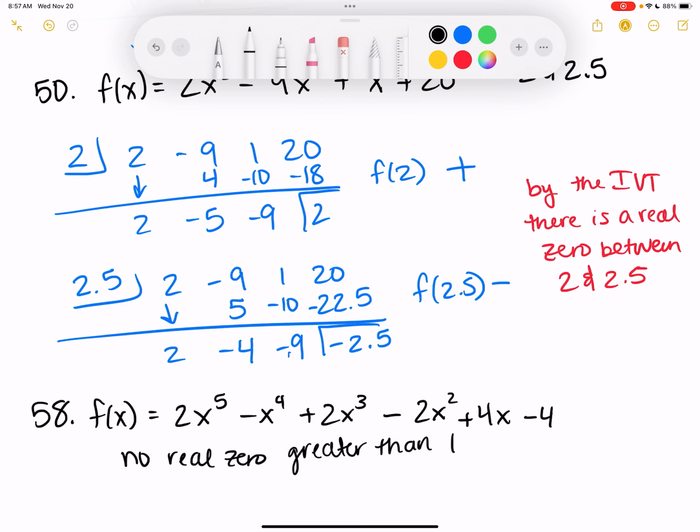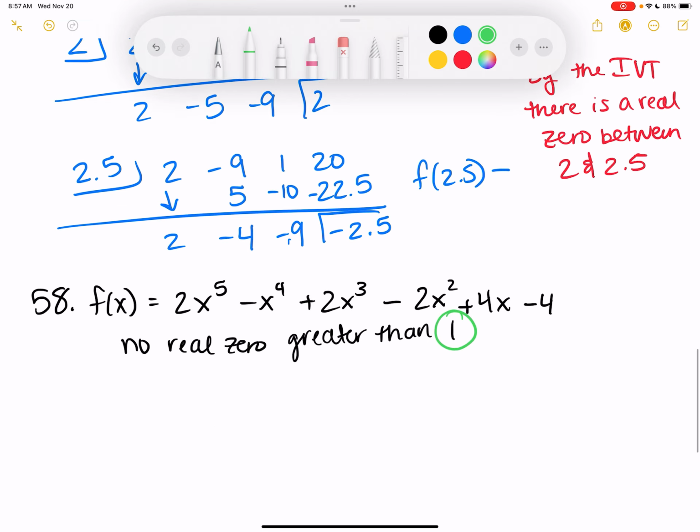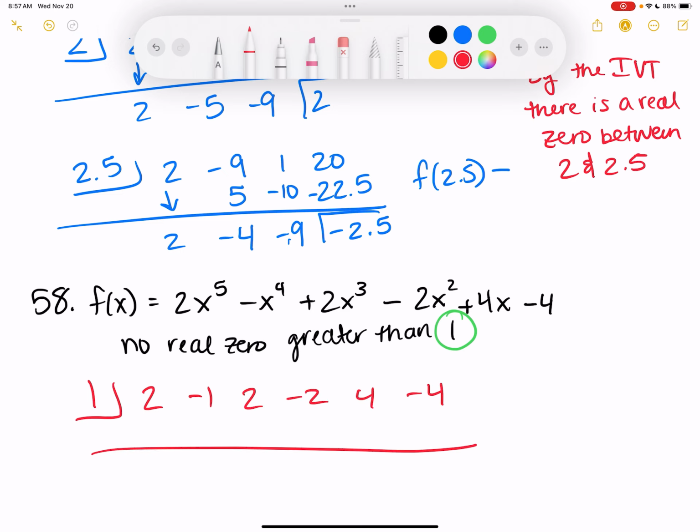Whatever number they tell us here, that's what's getting plugged in for synthetic. So 1 goes in here. If there's any missing terms, we would need to have that, but there's more than enough terms here. So 2, negative 1, 2, negative 2, 4, negative 4. We are looking for all the numbers at the bottom to be non-negative, so either positive or 0.